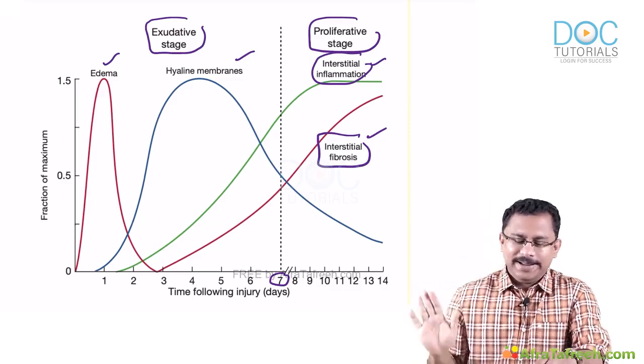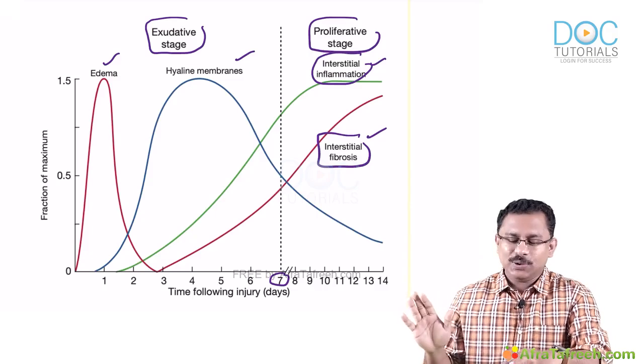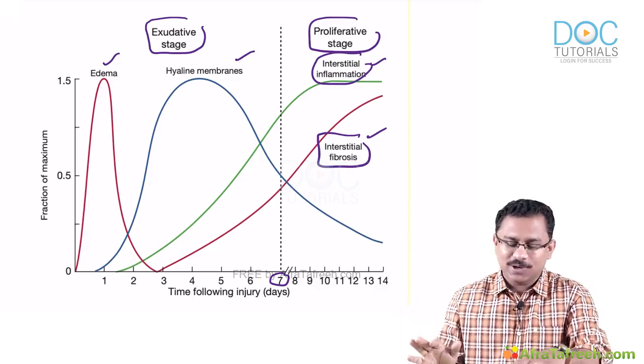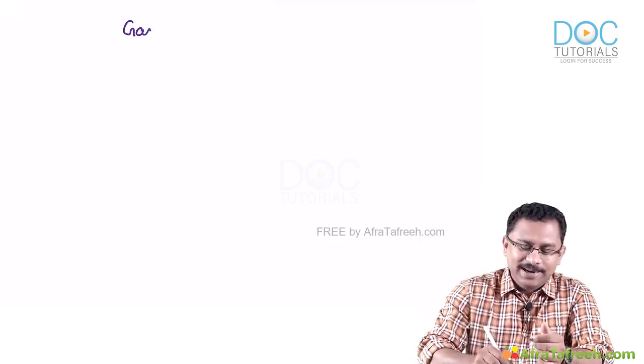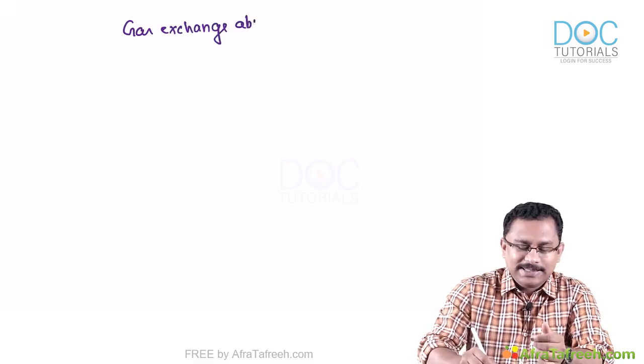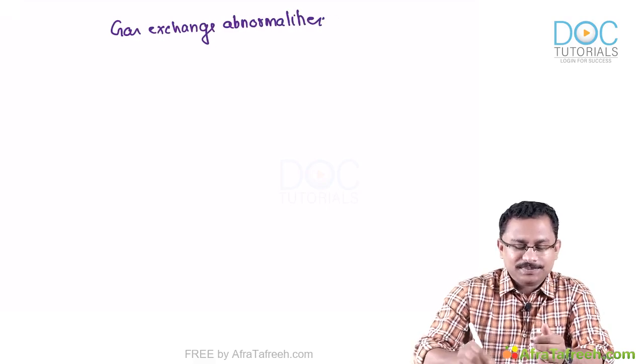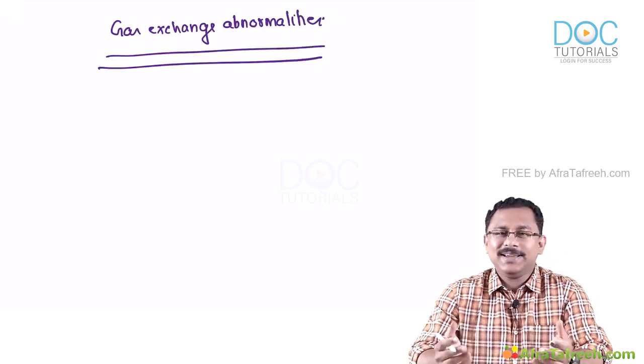Okay. All right. So we have understood the etiopathogenesis. Up next, what are we trying to learn? We are trying to learn the gas exchange abnormalities in ARDS. Okay, what are the gas exchange abnormalities that occur in ARDS? Okay, let's try to see that.